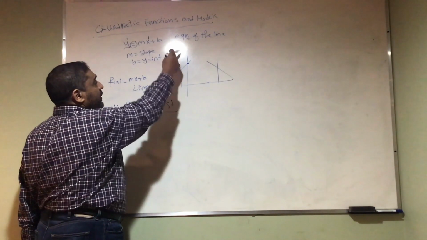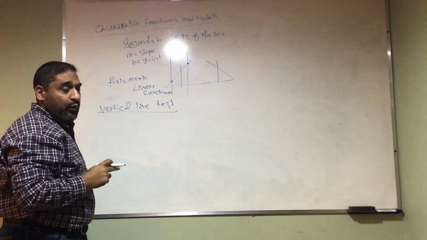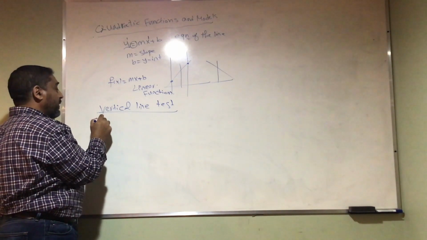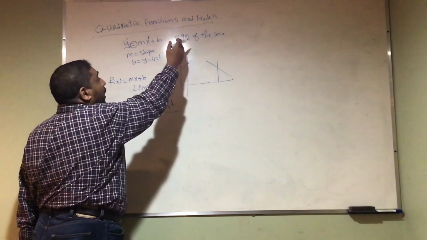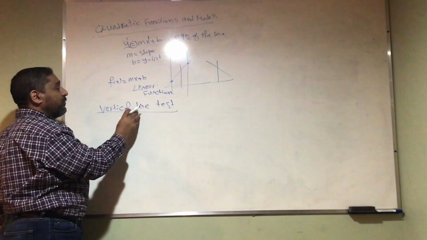Any vertical line you take on the graph is going to intersect the graph at most one point. That's called the vertical line test.